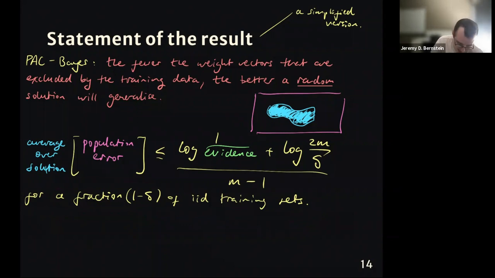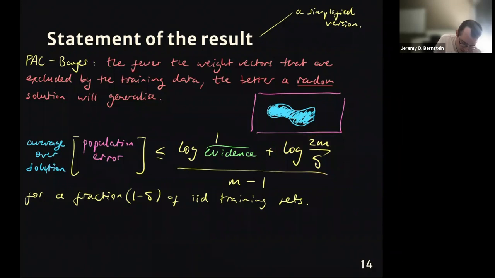But you may think of delta as a small number, so 1 minus delta is large, and this bound holds for most training sets that you would get from random sampling. And delta appears inside a logarithm, so you can make this really, really small. You can just ignore this term, actually.